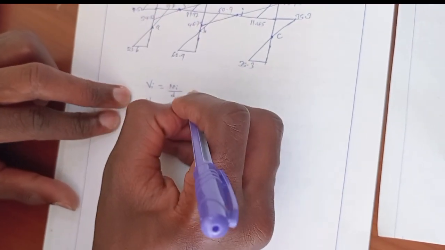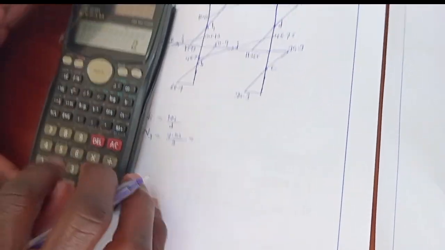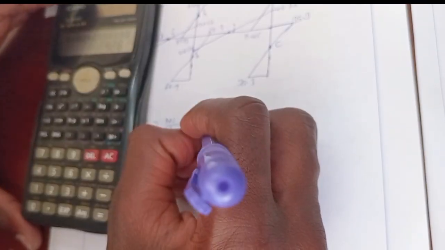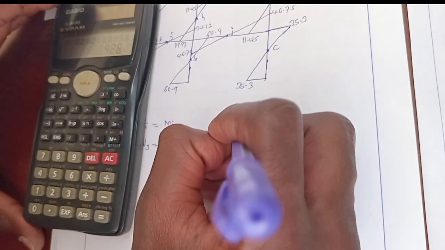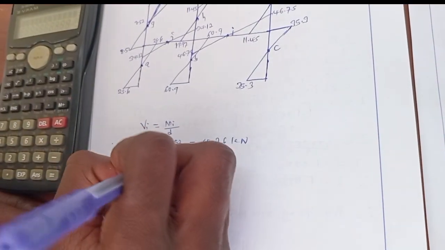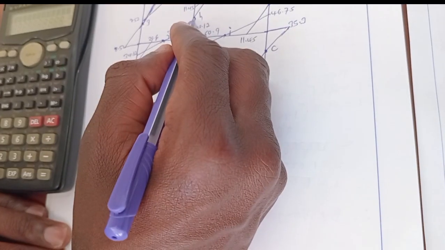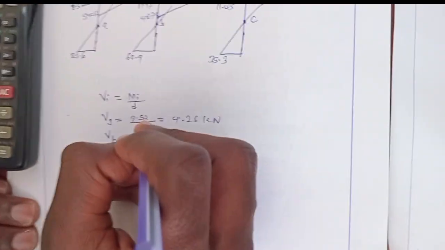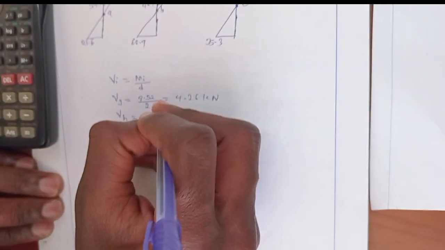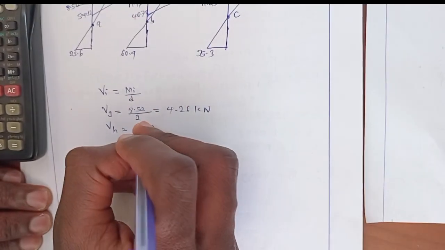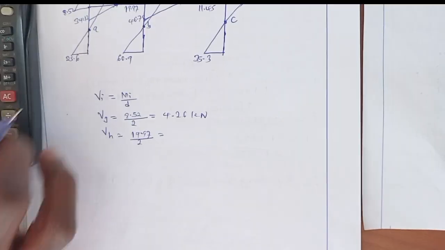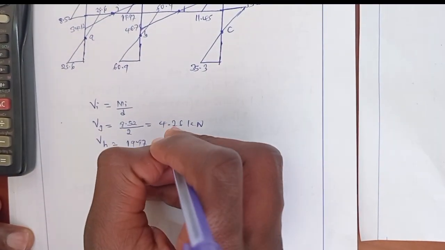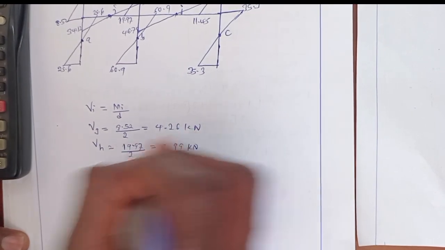So it will be divided by 2. 8.52 divided by 2 will be 4.26 kilonewton. VH, its bending moment is 19.97 divided by 2. It will be 9.99 kilonewton.